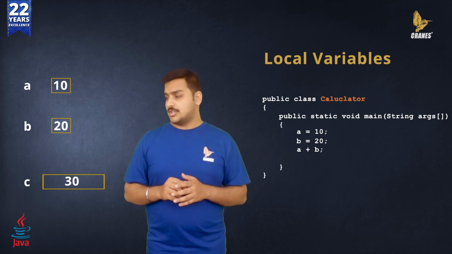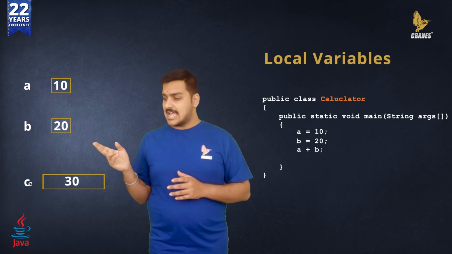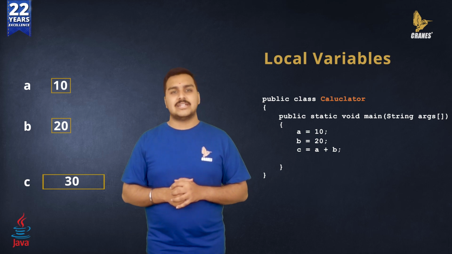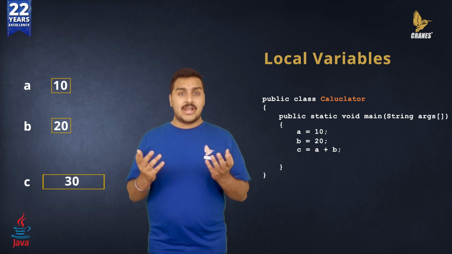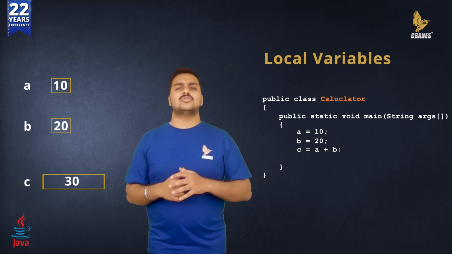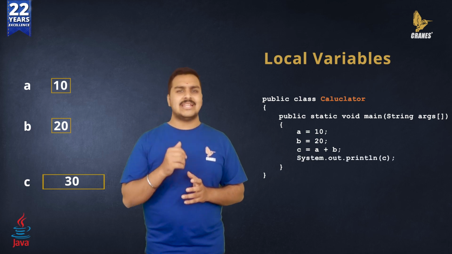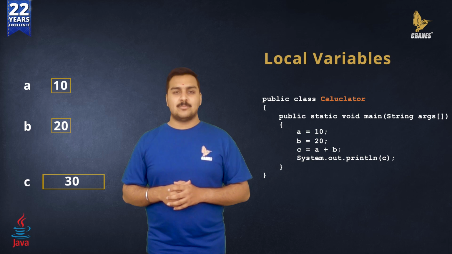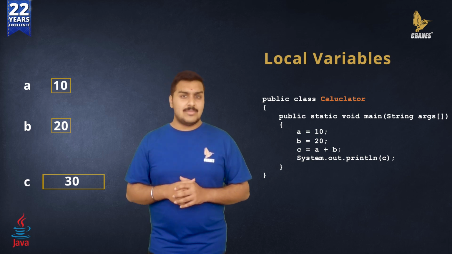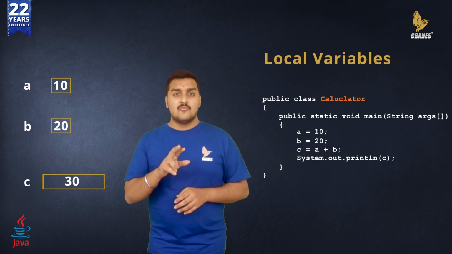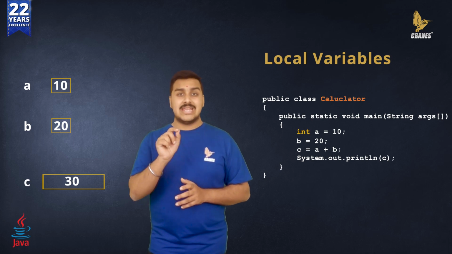Where is it getting stored? You see that it is getting stored in C. I'm going to take C and assign it that result. Now, what do I want to do? I want to print the result. In Java, we use the System.out.println statement like this to print the value of C. You see three variables here, A, B and C, which are associated with the term int.